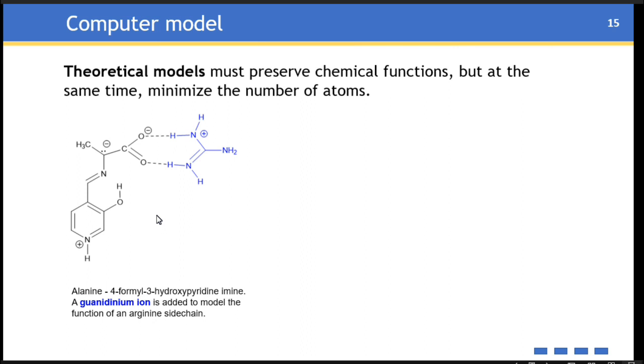And so when you typically do that, the theoretical model must preserve the chemical function but minimize the number of atoms, because when you do a density functional theory or quantum calculation, the number of orbitals that you are required to calculate increases tremendously. And so even with a model of this size, the fairly low level of theory, density functional theory, was utilized.